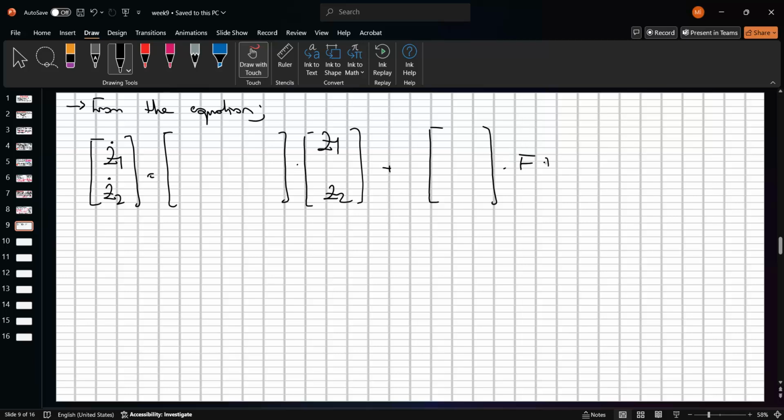With the Ft, right? So, how can I fill these values? Z1 dot is equal to Z2, Z2 dot is equal to what? Z1 minus K divided by M, Z2 minus C divided by M, Ft divided by M. How can we fill these matrices?